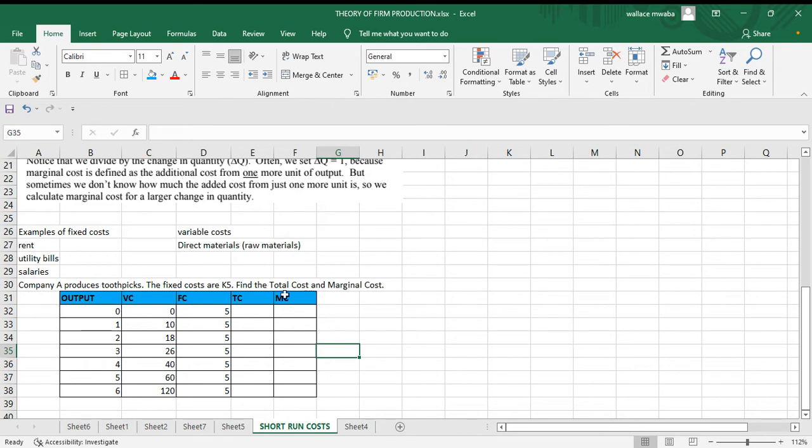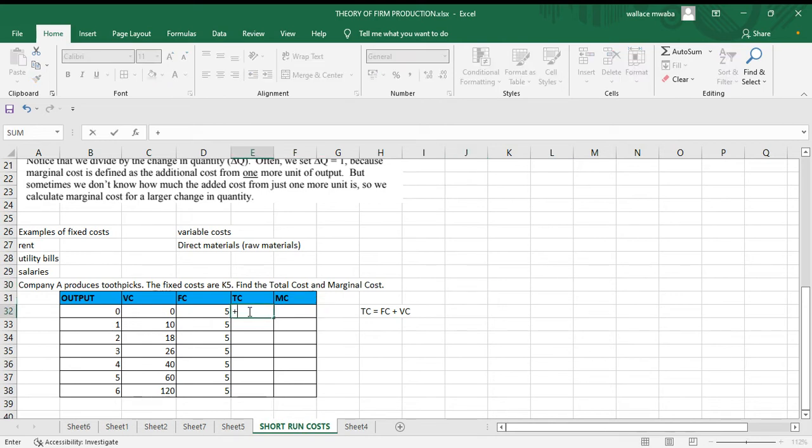So we're going to first find our total costs. Remember, total cost equals fixed cost plus variable costs. We're just going to be adding.